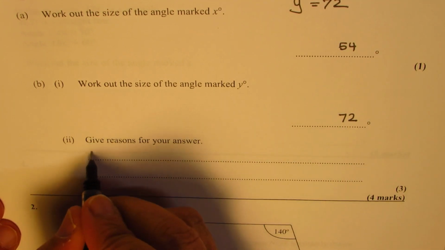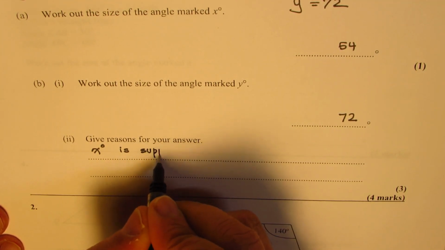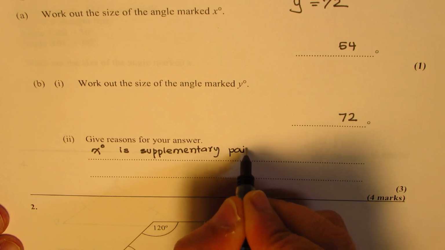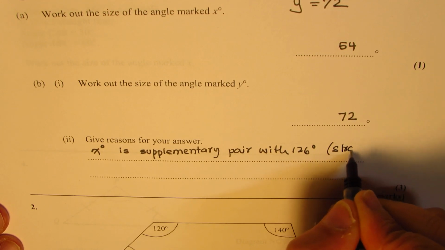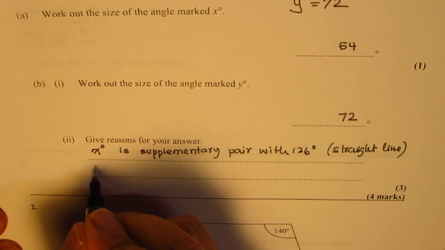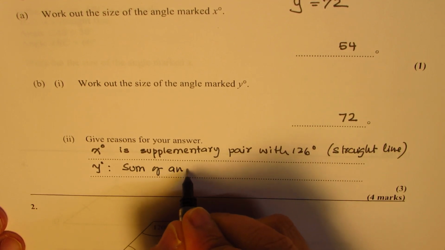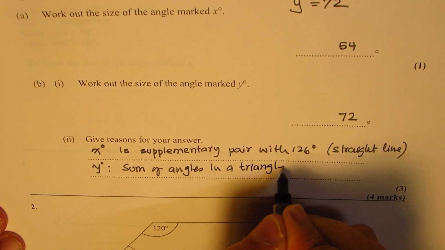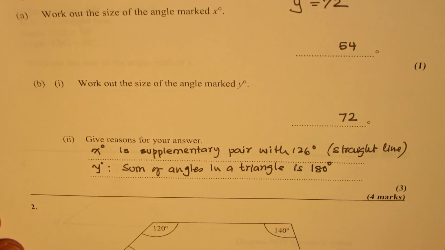First, we can say the angle x is a supplementary pair with 126 degrees, on a straight line. As far as y is concerned, the sum of angles in a triangle is 180 degrees, so we use that principle to figure out what y is.